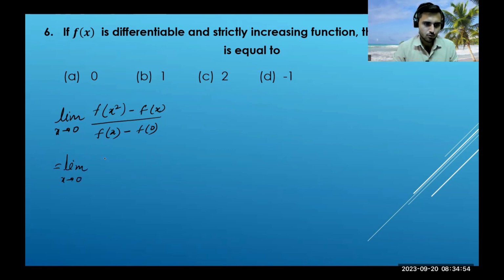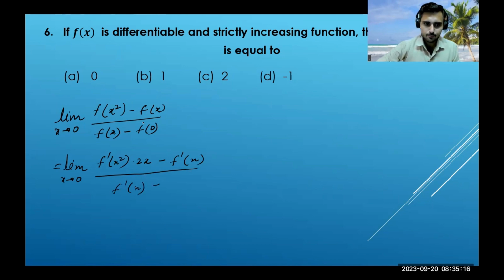So limit x tends to 0. We'll differentiate the numerator first. So f dash x square, and now we'll differentiate x square, it's just the chain rule, and minus f dash x. Now in the denominator, f dash x minus f of 0, which is just a constant value, so it will become 0, right?